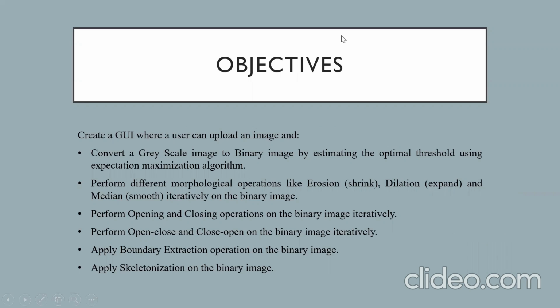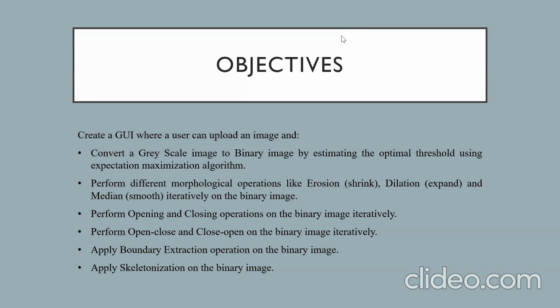Our main objective is to create a GUI where we can upload images from our local disk and perform various morphological operations. These include converting a grayscale image to a binary image by estimating the optimal threshold using the expectation maximization algorithm, and performing erosion, dilation, and median on the binary image.